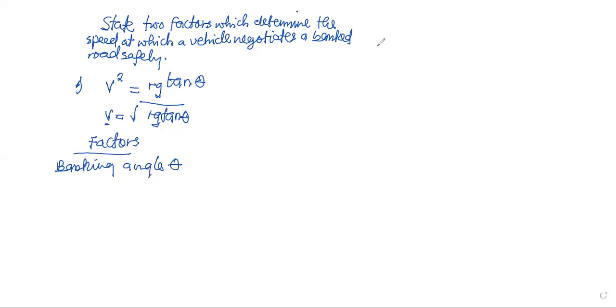Look at the question. The question actually says: state two factors which determine the speed at which a vehicle negotiates a bend. So factors which will determine the speed, or what you also term as the velocity.